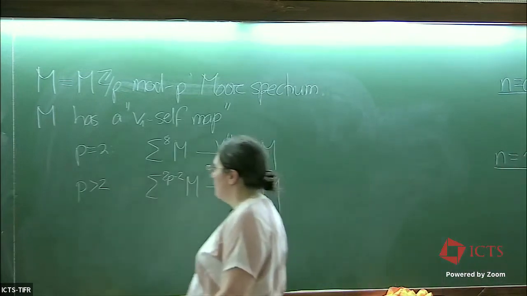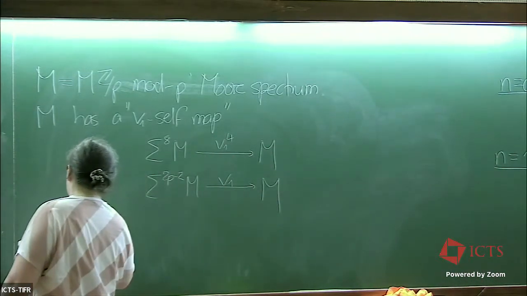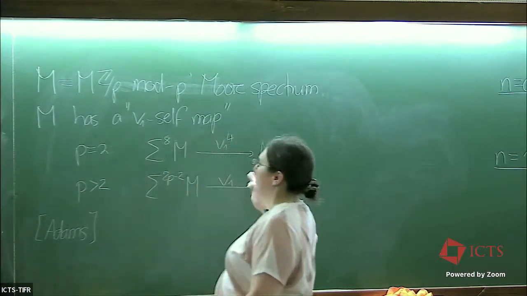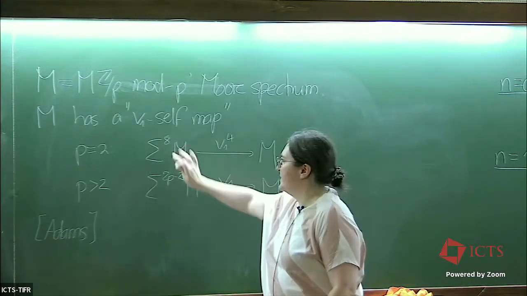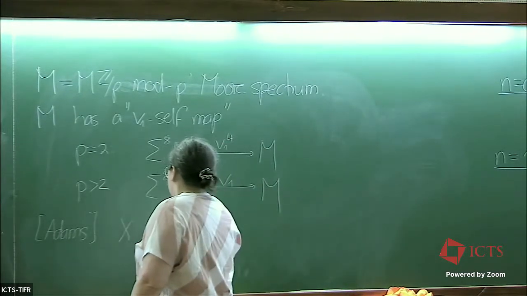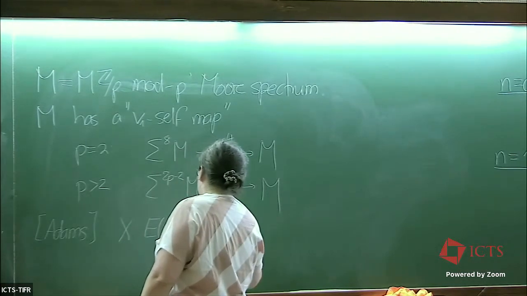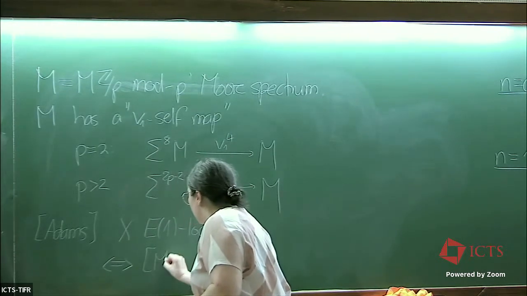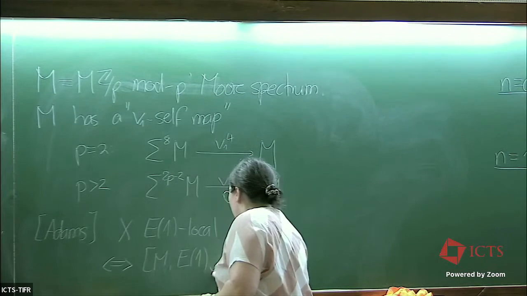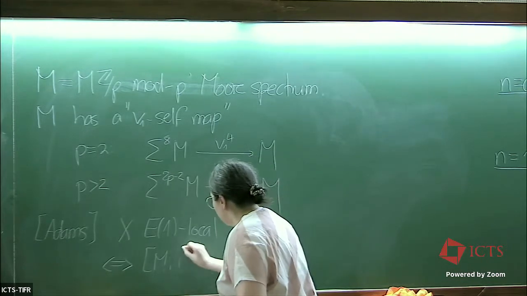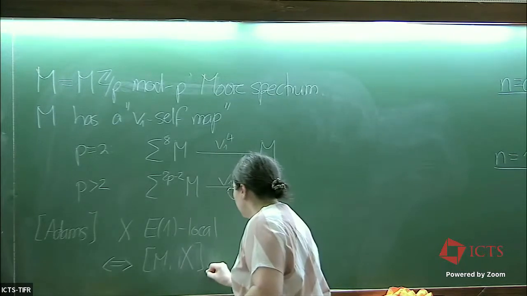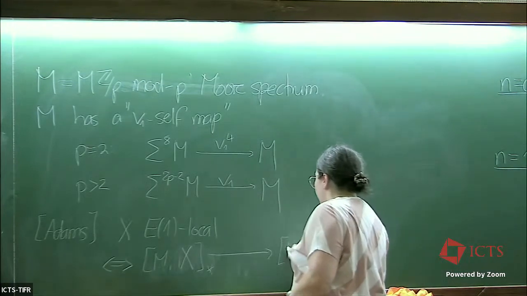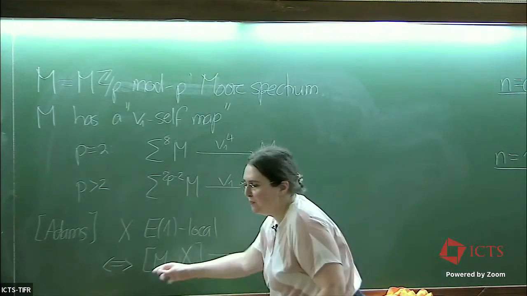And now, big theorem by Adams. Let me just write v for any of those, I don't want to distinguish between those all the time. X is E1-local if and only if this v1 self-map induces an isomorphism on, I mean, the mod p homotopy groups.